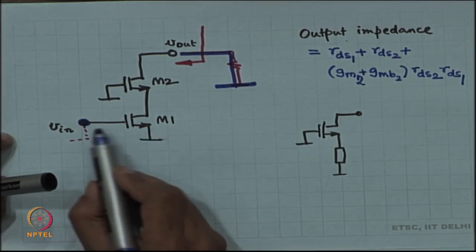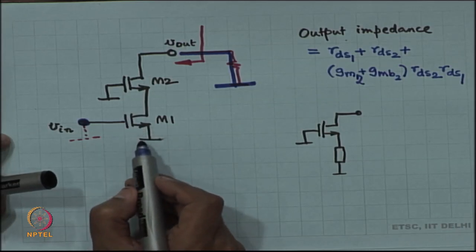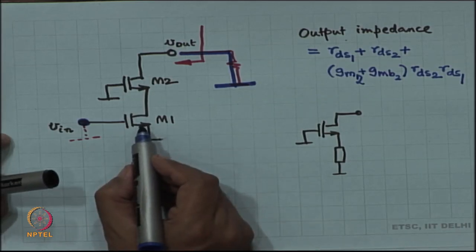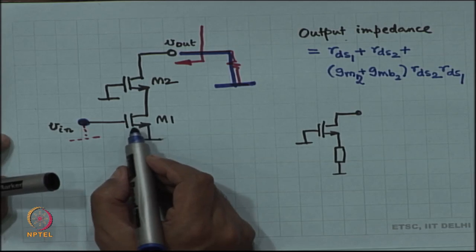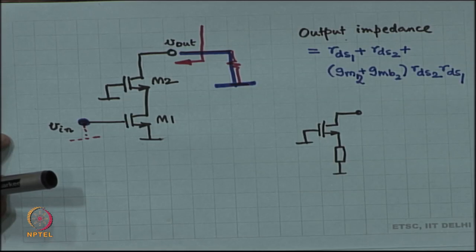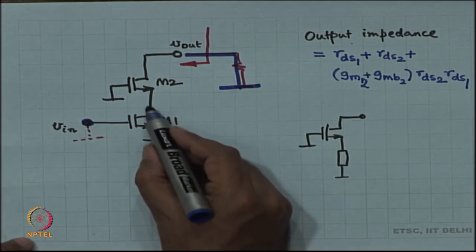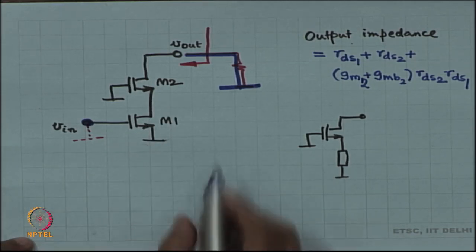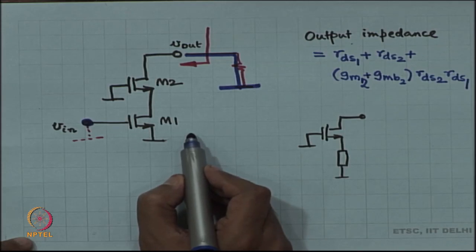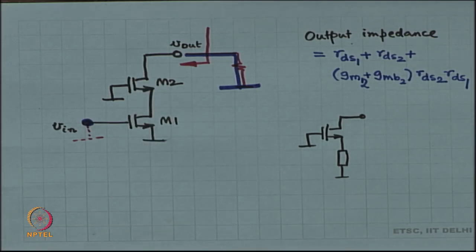Right now, when I am applying this input V in, if you think about this MOSFET, there is GM1 inside this, which is going to respond with GM1 times V in, because VGS is V in. So, GM1 times V in, and then there is RDS1 to ground, all right, and the rest you are just looking into the source of M2.